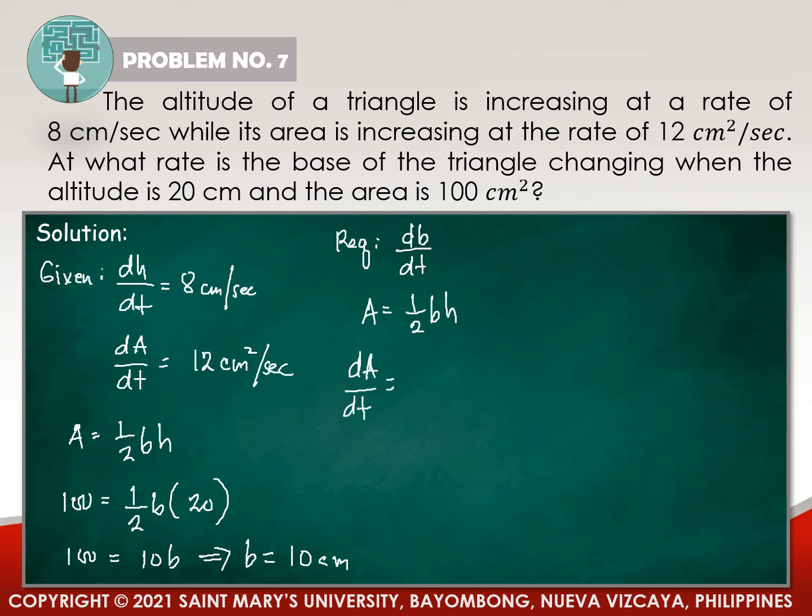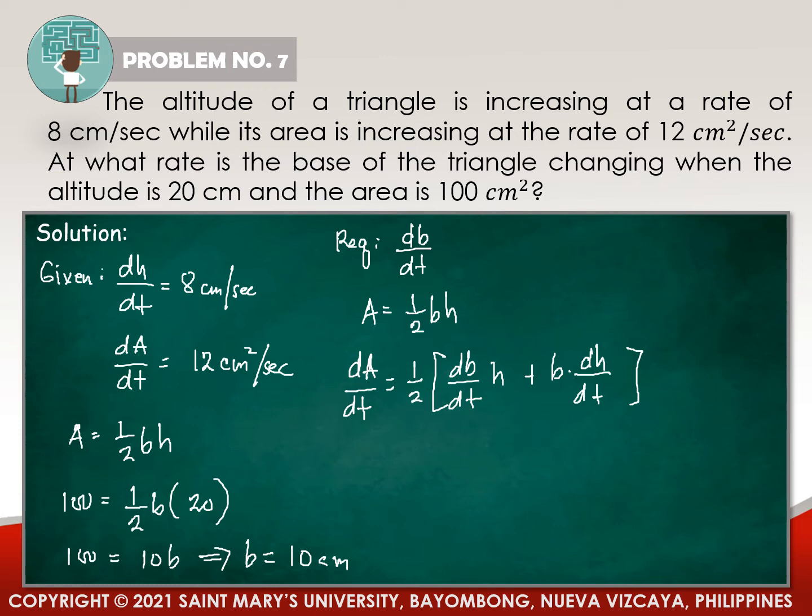Then we will use implicit differentiation because with respect to time, and then the product rule. So labas na natin 1/2 dyan. So derivative of b is db over dt, copy yung h, plus copy yung b, times derivative of h, dh over dt. So product rule yung ginamit natin dyan. So ayan, pwede na yan.